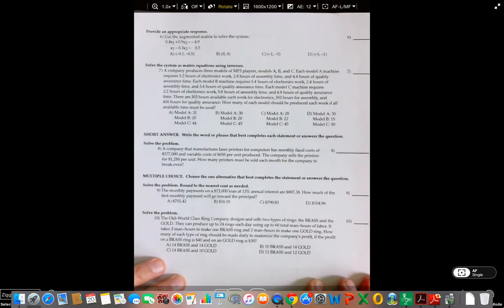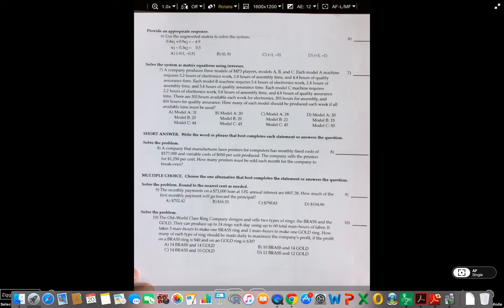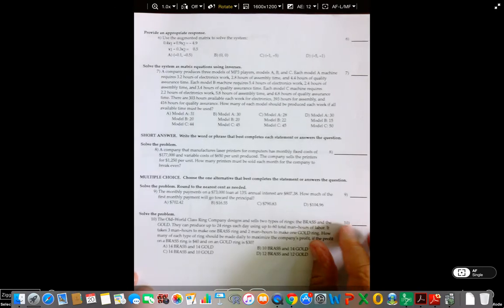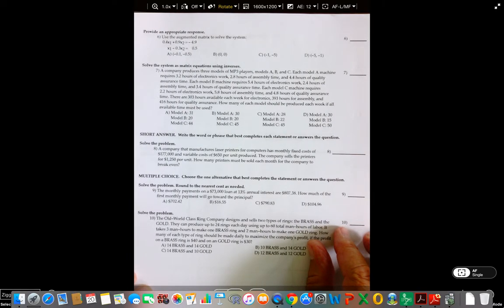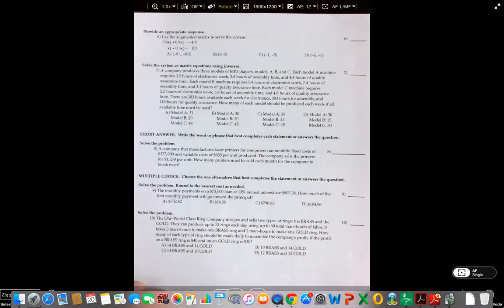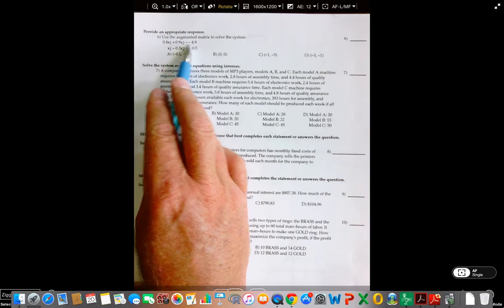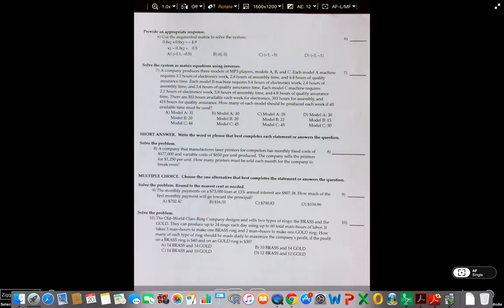All right. So here we go again. Use the augmented matrix to solve the system. 0.4x1 plus 0.9x2. I'm going to write this bigger so there's no questions.